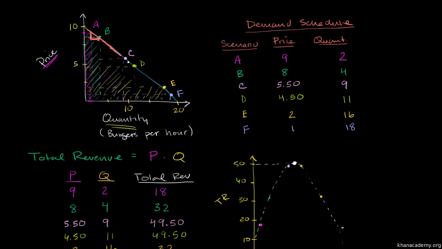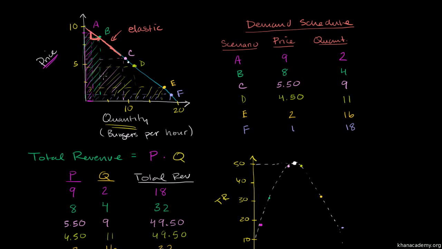But that 1 down in price is a very small percentage of price because our prices are high here, and it's a very large percentage of quantity right over here. So you get huge changes in percent quantity for very small changes in price in this part of the curve. So this part of the curve is elastic. Or you could say that its price elasticity of demand is greater than 1. You get larger changes in percent quantity for a given change in percent price.